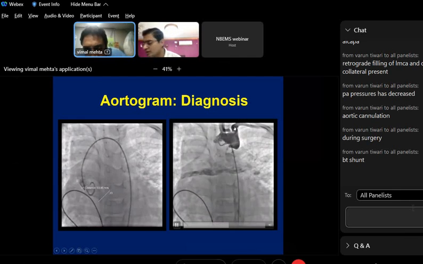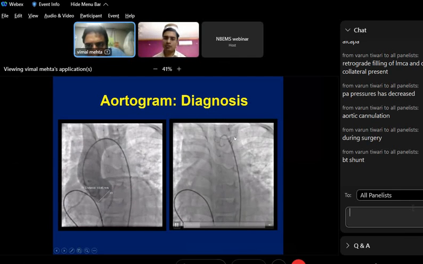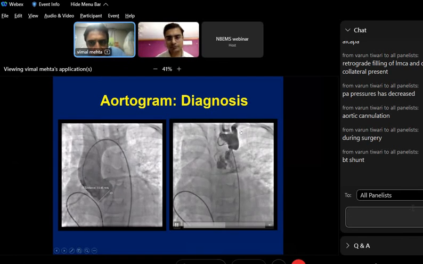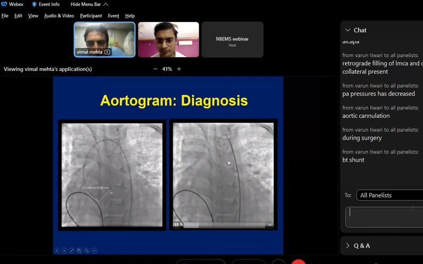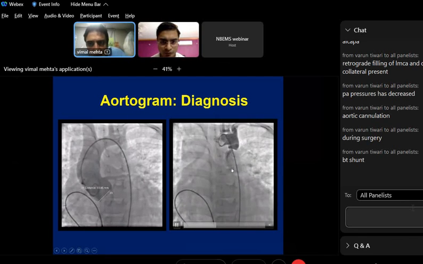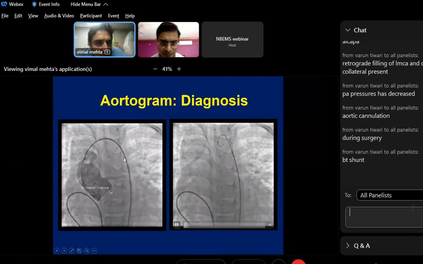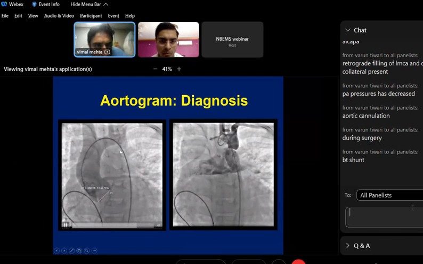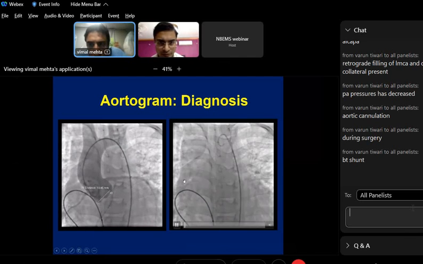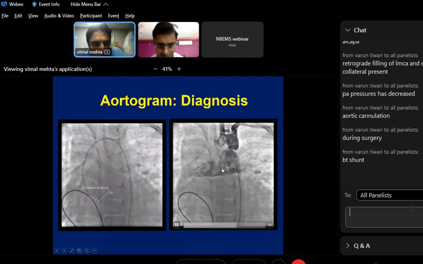This is the subclavian artery, not very well seen, agreed, but this is the last branch from the left side. So you have a coarctation over here. You have some sort of maybe PDA which is not very well seen. The catheter should be kept over here to see. Nevertheless, see the pulmonary arteries, how beautifully they are seen. Those are large PDA also.